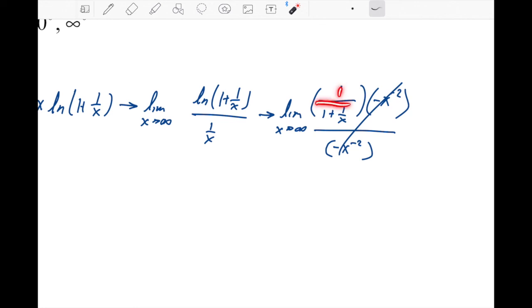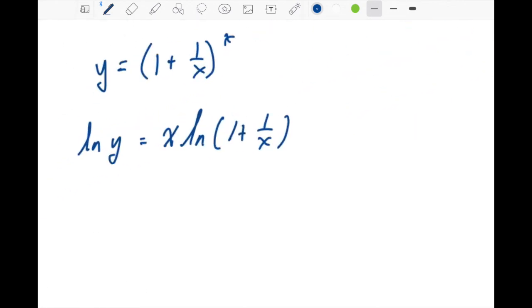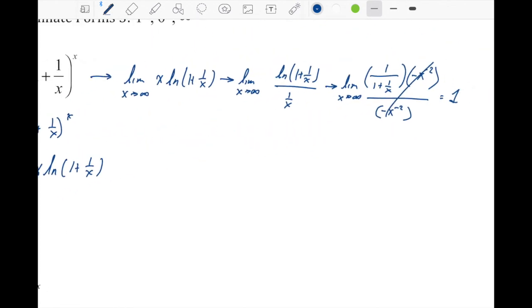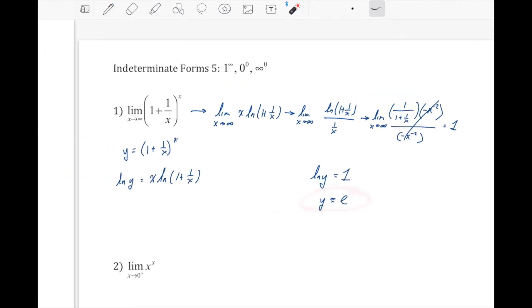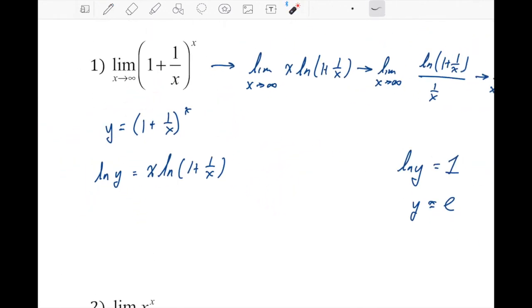That's 1 over 1 plus 0, 1 over 1. That gives us just 1. But that's the limit of the natural log of y. So that's telling us that ln y is equal to 1, which then gives us that y is equal to e. y is the limit that we initially wanted.